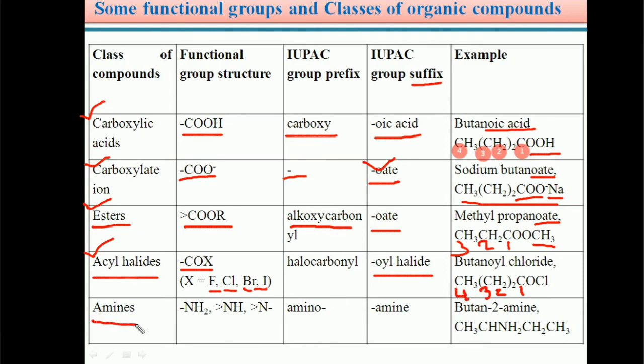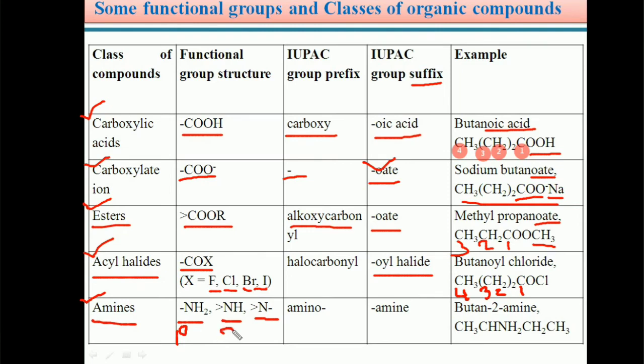Next class of compound is amines. Generally, there are 3 types of amines, students: primary, secondary and tertiary amine. If the NH2 group is connected with 1 carbon, it is a primary amine, generally denoted with 1 degree.